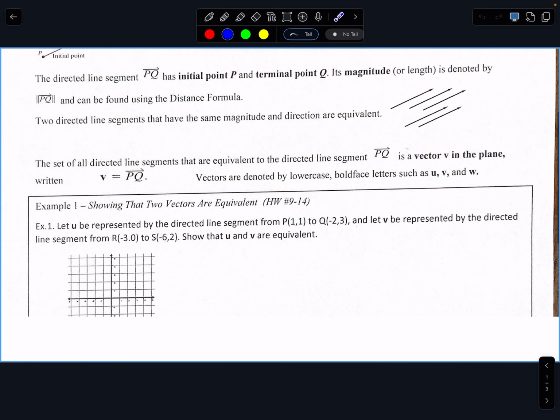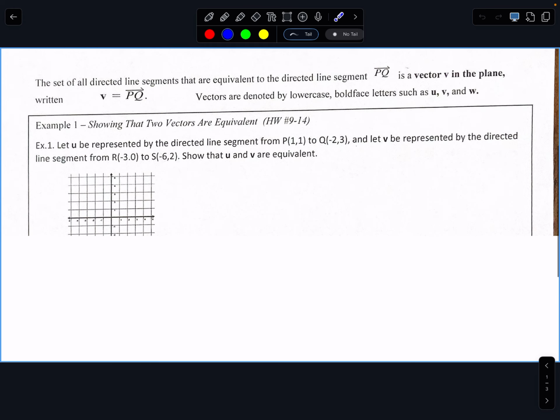The set of all directed line segments that are equivalent is a vector v in the plane. We use these lowercase bold letters to indicate a vector. Notice that lowercase v can also replace vector PQ. They're the same, just different notations for a vector.